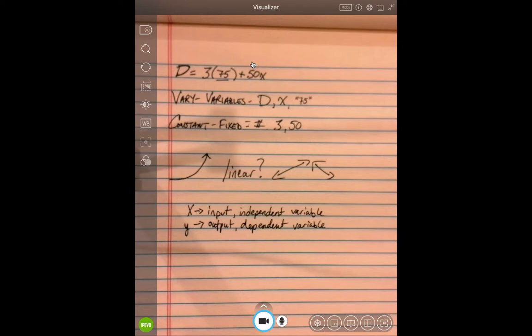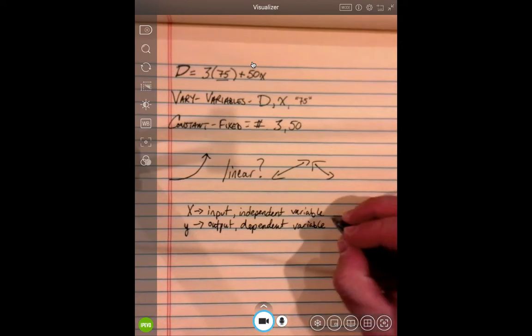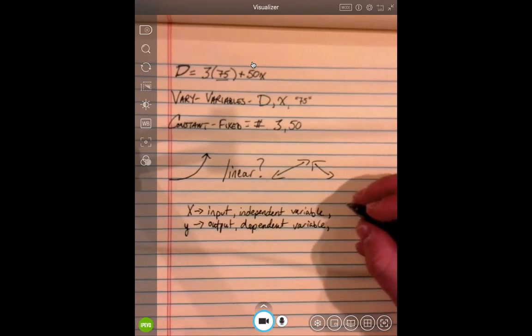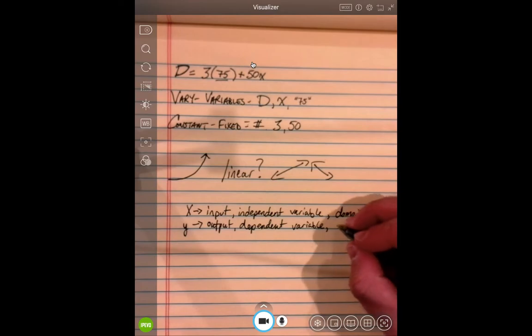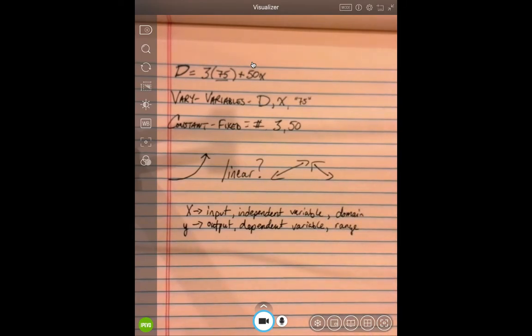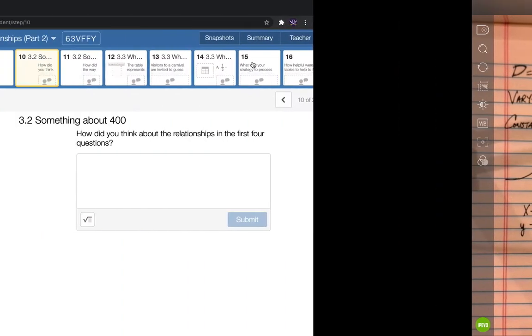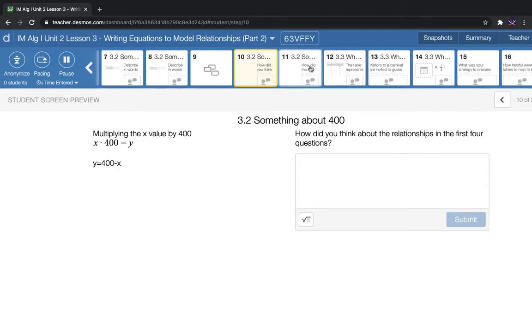Okay? And also, we need to come back up, and since we're going to talk about graphing soon, x is your domain, and y is your range. Okay, so we have x and y, input, output, independent variable, domain, and range. So that is how we look at the relationship with those.